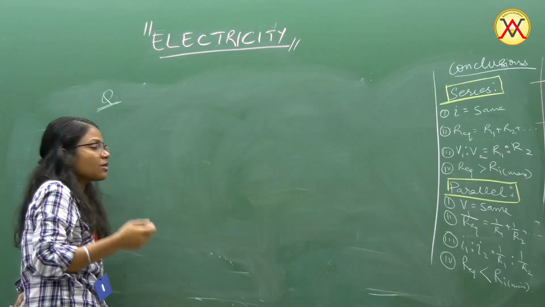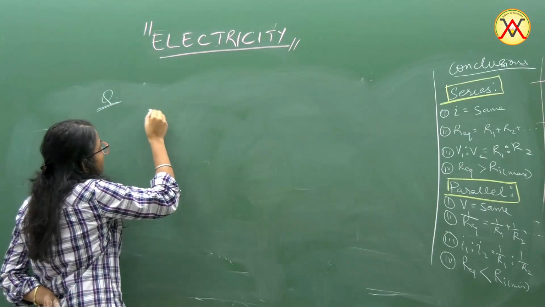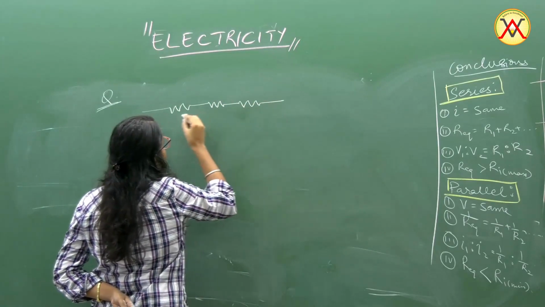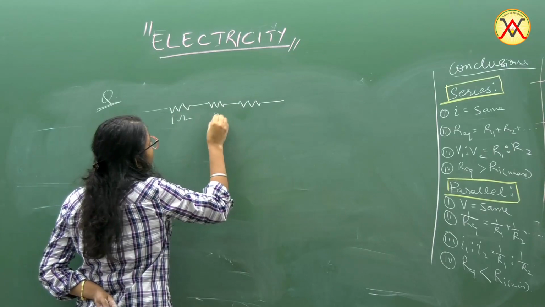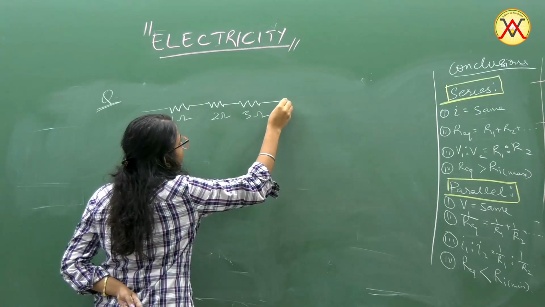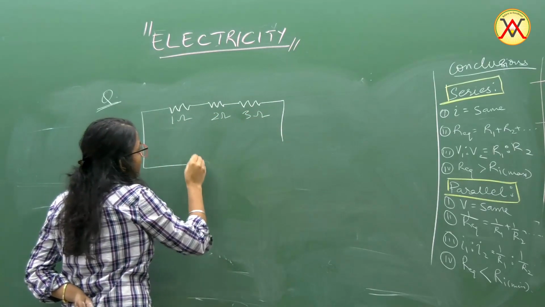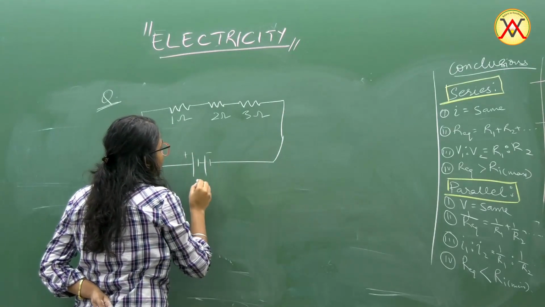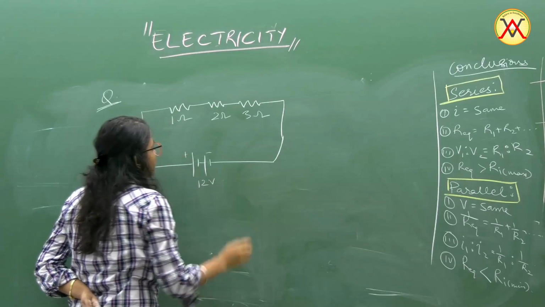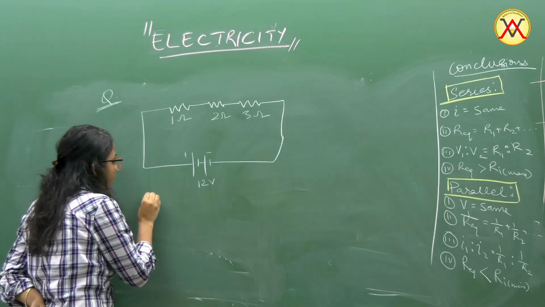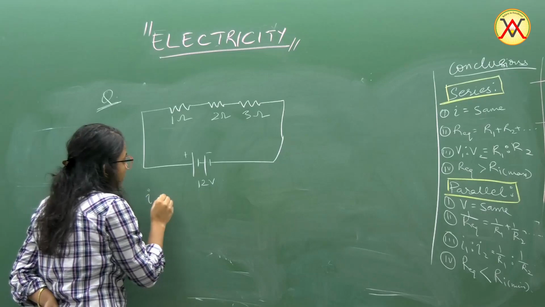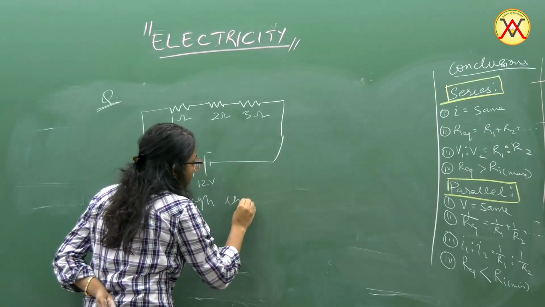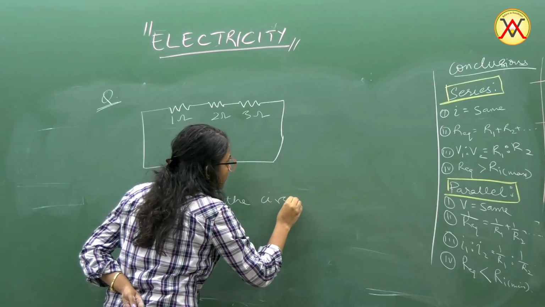Let's start with some basic questions. Let's suppose we are given 3 resistors, 1 ohm, 2 ohm and 3 ohm, connected to a 12 volt battery. We need to find out, first, the current through the circuit.